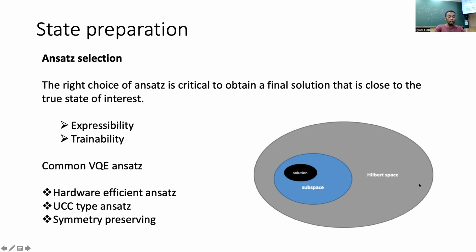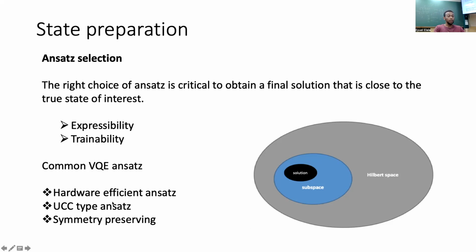So if we see here, we have this Hilbert space, and we don't want the ansatz to be too expressible, because if it's much more expressible, then we might need a lot of parameters to search in the whole Hilbert space.